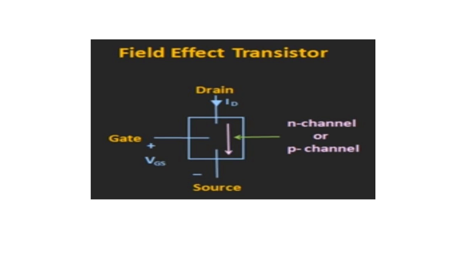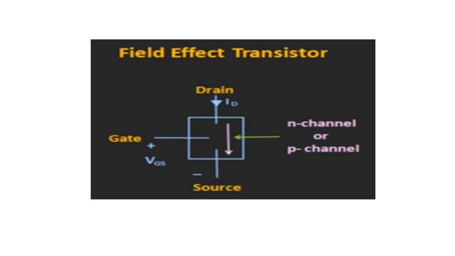So the FET is a voltage control device. That means the input voltage between the gate and source terminal controls the output current. On the other hand, BJT is a current control device where the input base current controls the output collector current. This is one of the differences between FET and BJT.